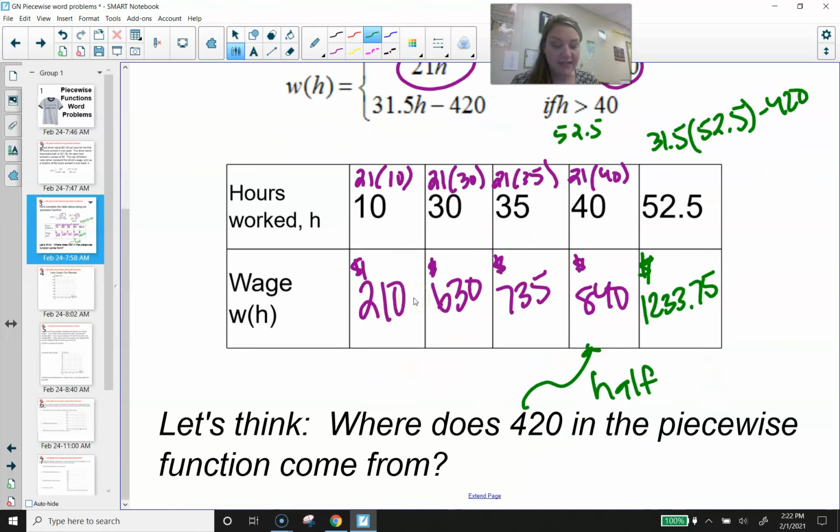We got time and a half. So I'm making $31.5 an hour, but I can't make it for all my hours. I can only do it for the hours past 40. So I have to subtract the $420 from the beginning of my 40 hours because I can't make time and a half on the first 40. I can only make time and a half on the hours after 40. Okay.